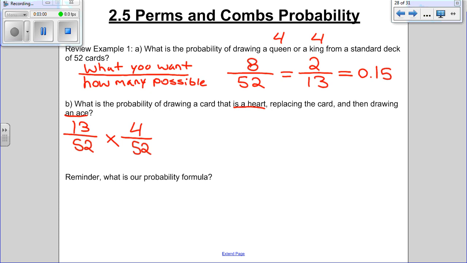You put that in your calculator, your math bracket. So what do you end up with? I think it's going to be like 1 over 52. Is that what it is? Put in your calculator, math bracket, 1 over 52.